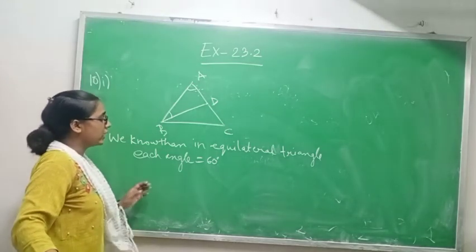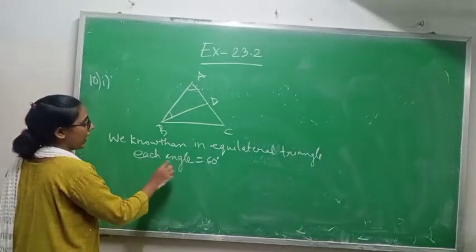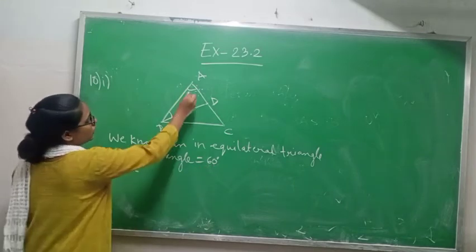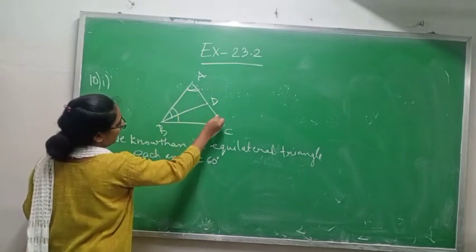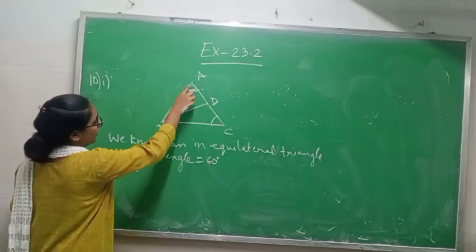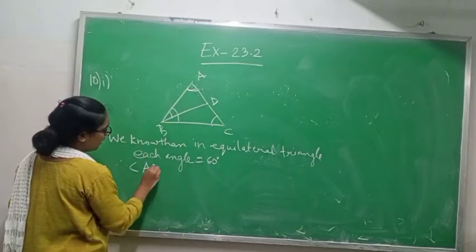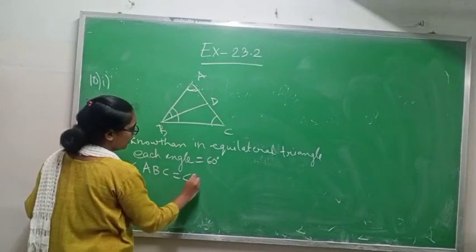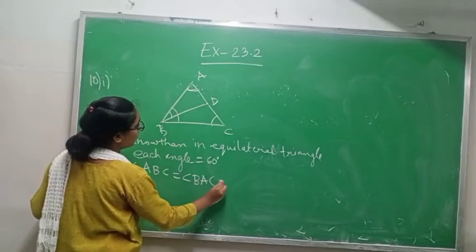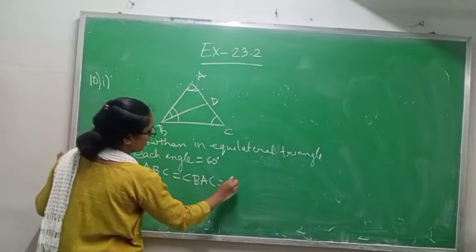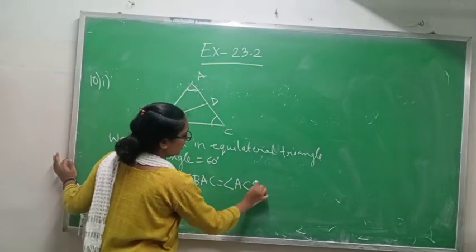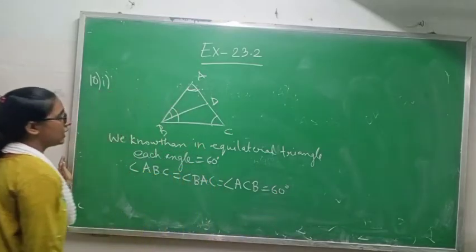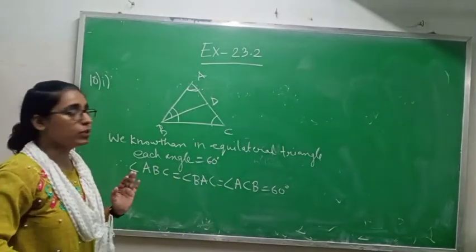Therefore, angle ABC equals angle BAC equals angle ACB, and each equals 60 degrees, because all angles of an equilateral triangle are equal.